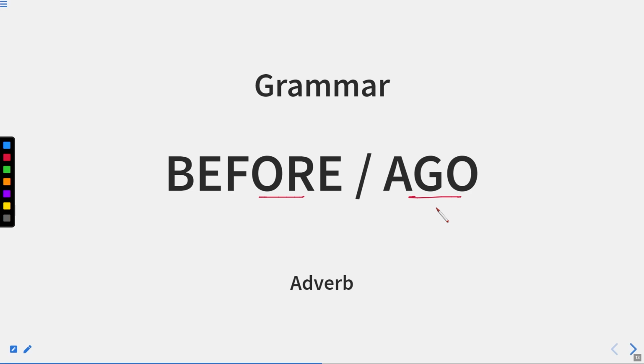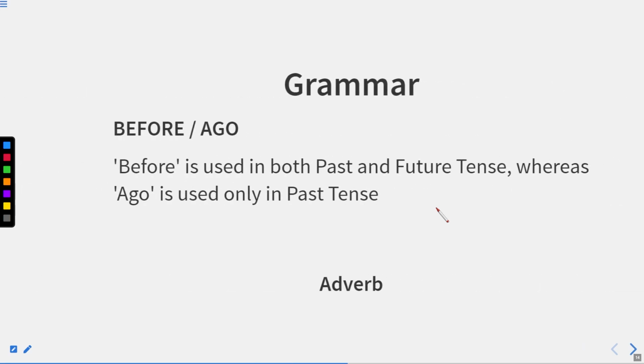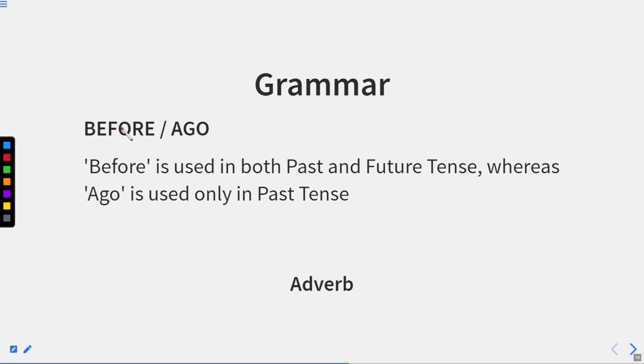Of course, these are adverbs, that is before and ago, but it may be possible they can be used in different parts of speech as well, as we use before in tenses as well, though this is an adverb. Before can behave as a preposition as well. So before and ago show the preceding time, or the time before.